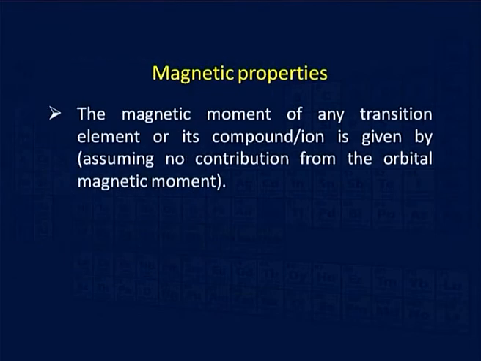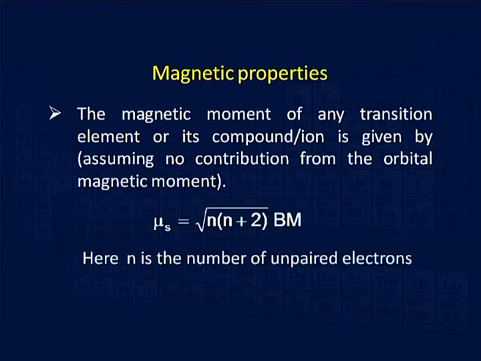The magnetic moment of any transition element or its compound or ion is given by the formula mu s is equal to under root n into n plus 2 BM, where BM is the unit to measure the magnetic moment and it is called the Bohr magneton, and n in this formula represents the number of unpaired electrons in the metal ion or its compound or its ion.